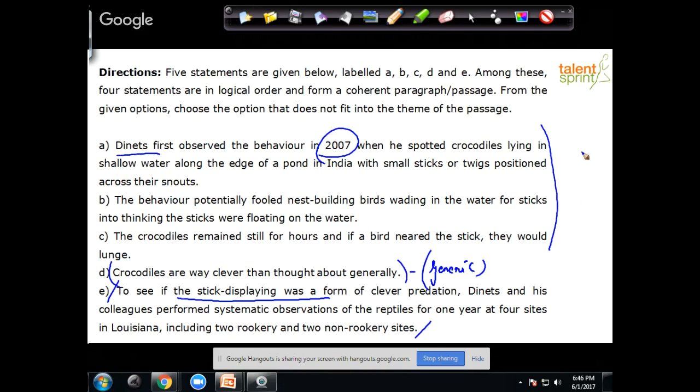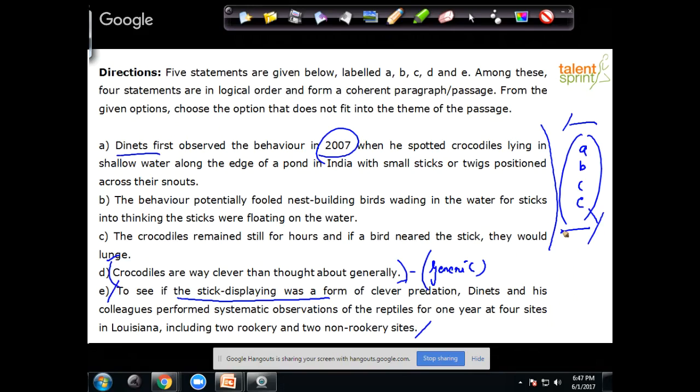It's more like A, B, C, and E are a logical sequence, one paragraph, and D is almost like some generic statement. This paragraph A, B, C, E can be somewhere in between, from a huge, bigger article. So D can be like a topic sentence, and A, B, C, E can be an example of how clever crocodiles can be or generally are.